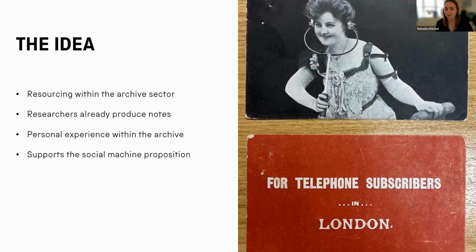I found when I was doing this that the notes were often very similar to what I would have written anyway during my PhD work, and who I was and what interested me as a person was still reflected in my archival notes, even if I was looking to be more general and summative. Within the Congruence Engine project, this proposition fits well within the social machine idea, in that anyone could get involved in a national collection in the future if they wanted to.